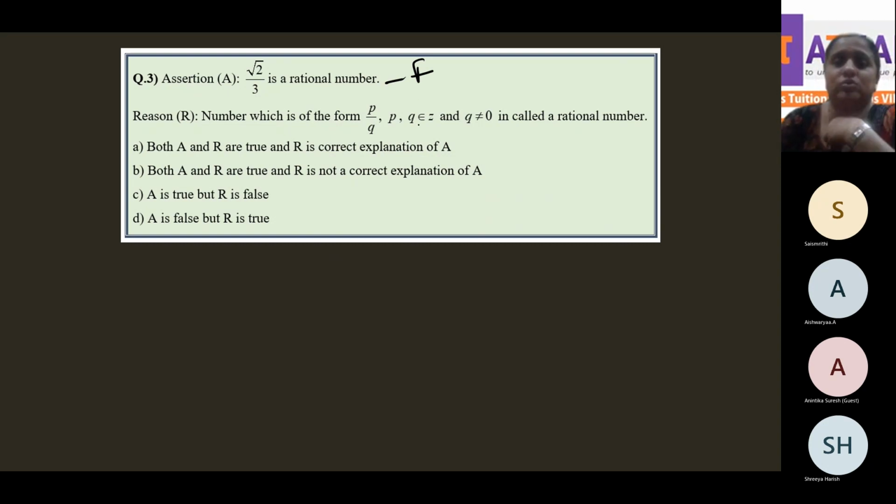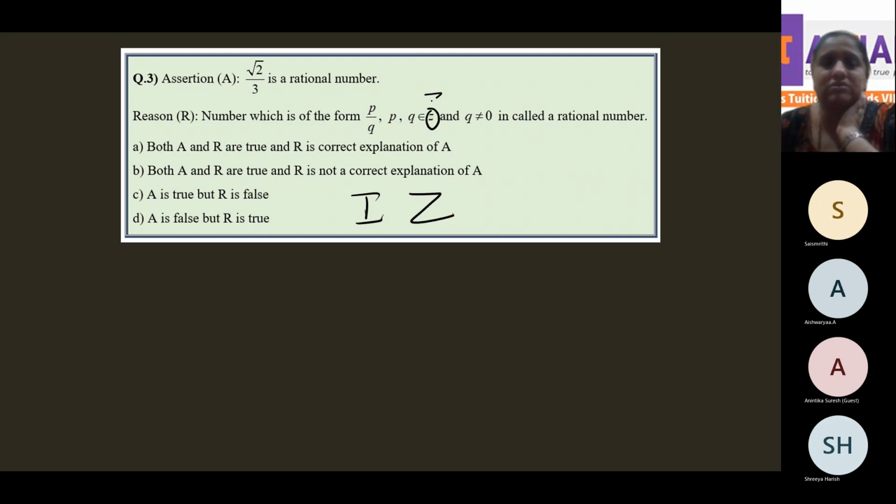A number which is of the form p by q, where p and q belong to Z. This symbol stands for or is read as belongs to. Z meaning integers. I told you in the last class, no? Z represents integers, but there should be a capital Z, children.